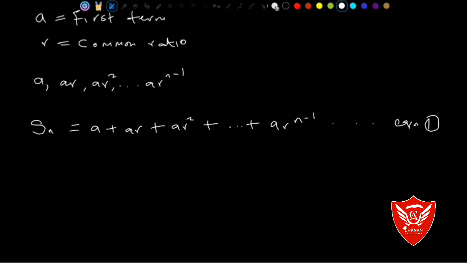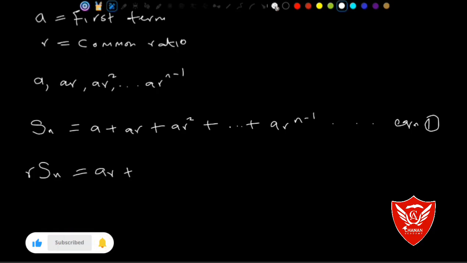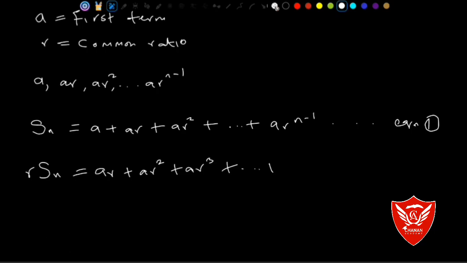If we multiply the right hand side and the left hand side by the ratio r, we are going to have on the left hand side rSn, equal to ar plus ar squared plus ar to power 3 plus up to ar^(n-1) plus ar^n. Let us call this equation 2.